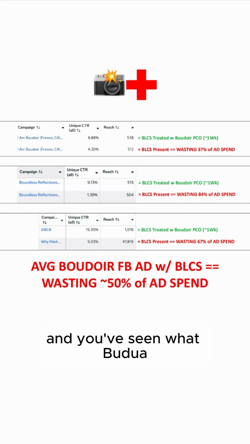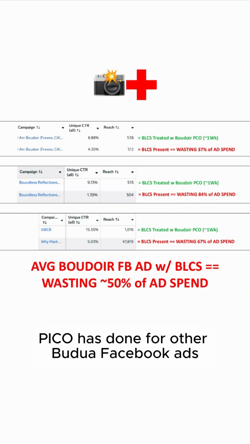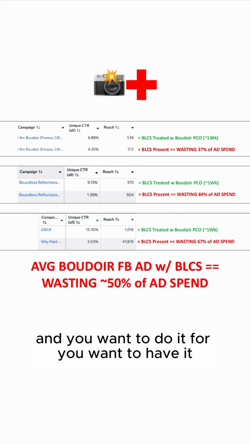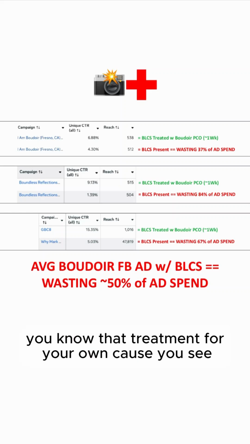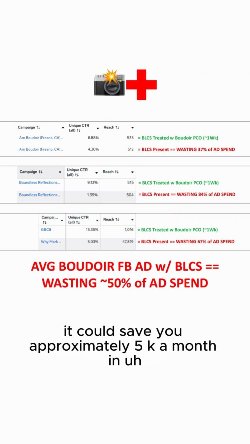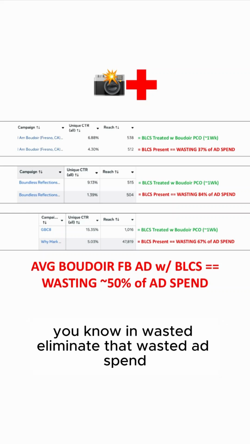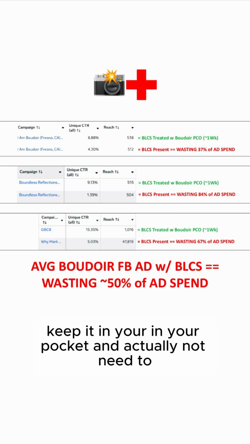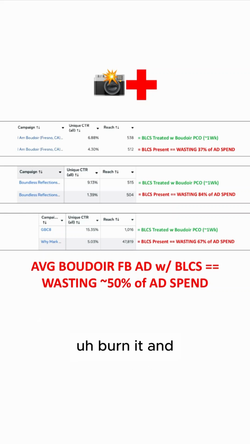And you've seen what Boudoir Pico has done for other Boudoir Facebook ads, and you want that treatment for your own, because you see it could save you approximately 5K a month in wasted ad spend, keep it in your pocket, and actually not need to burn it.